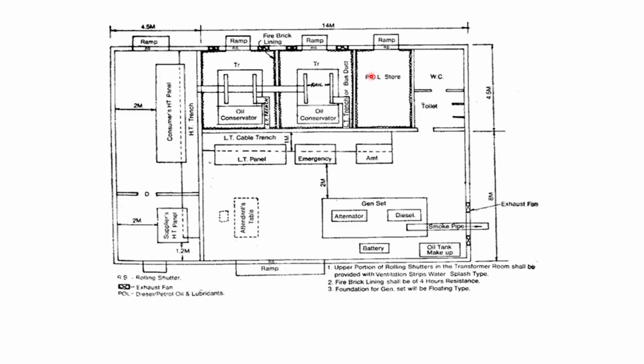It may or may not have a petrol, oil and lubricant store, and WC and toilets are provided for the convenience of the staff, and the staff is sitting here.